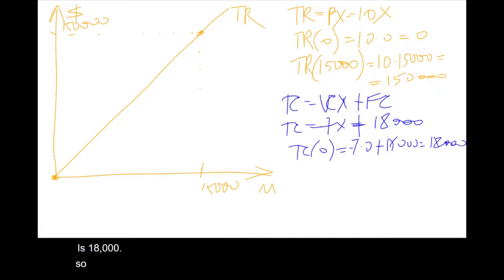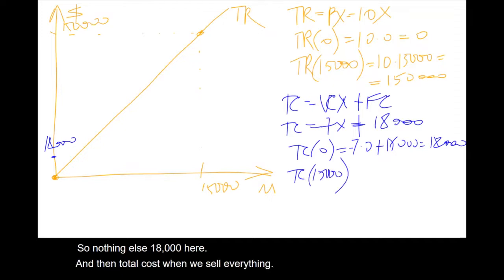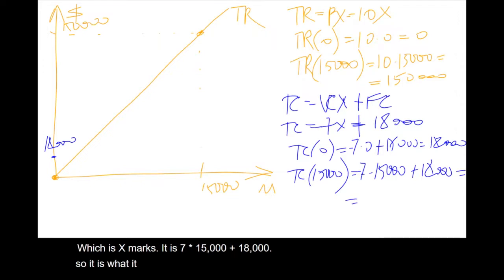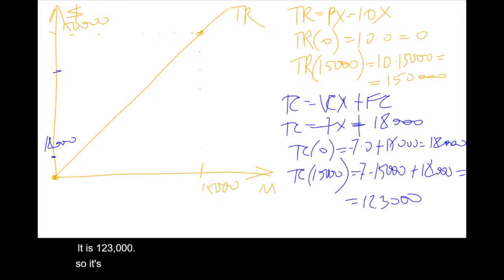And when we sell everything, X max, it is 7 times 15,000 plus 18,000. Let me calculate. It is 123,000, so about here.